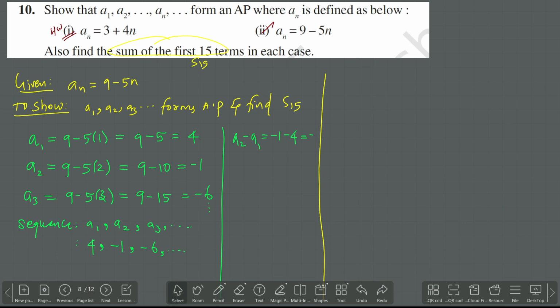Like that, A3 minus A2 you find. A3 value minus 6, minus the A2 value minus 1, minus into minus plus 1, equal to minus 5. So therefore, A2 minus A1 is equal to A3 minus A2.